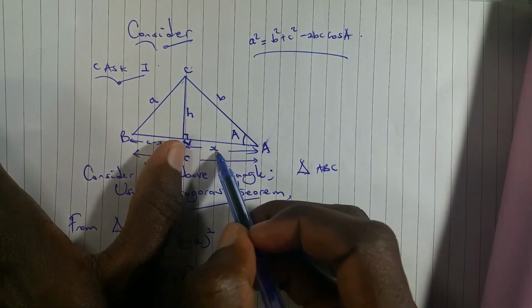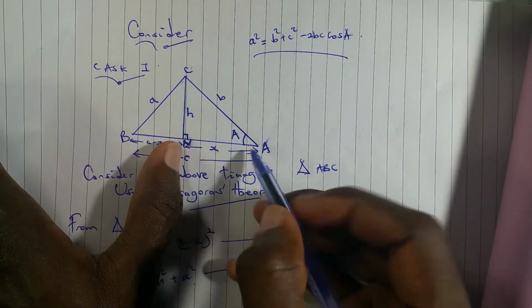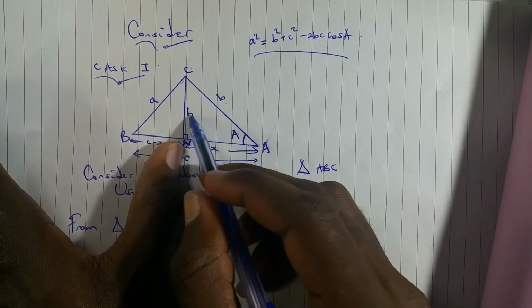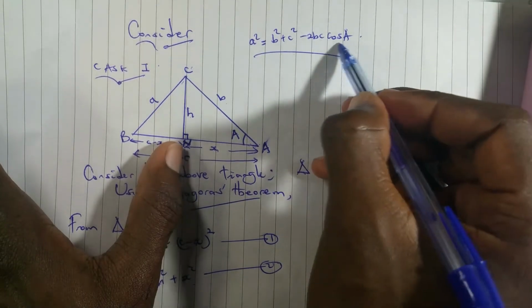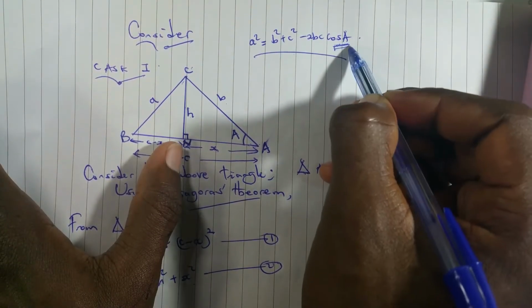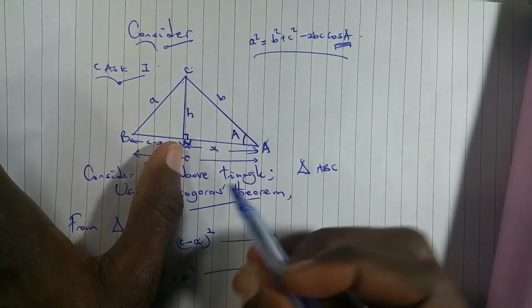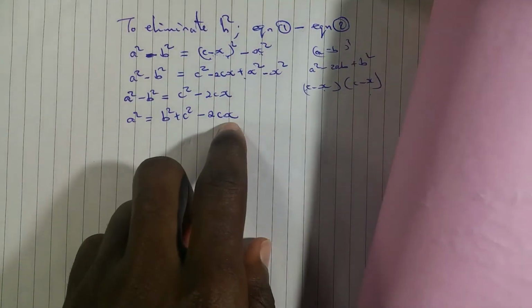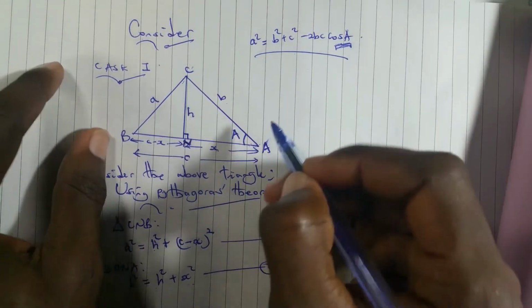If we try to get sine of this angle, we will end up with h. But since we have cos there, we can try to get cos a. That can perhaps bring us where we don't have x in our equation, and help us remove this x. We need to get that cos a.